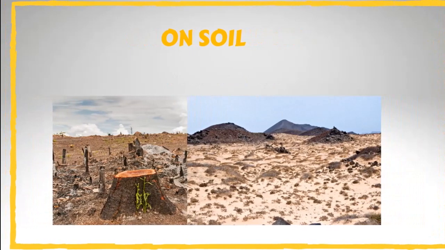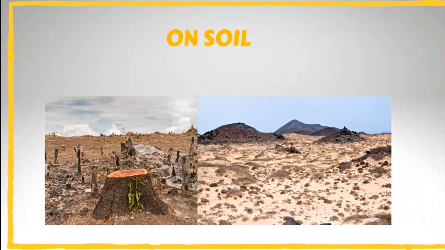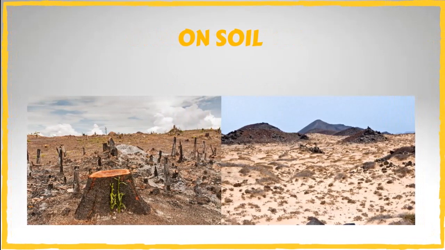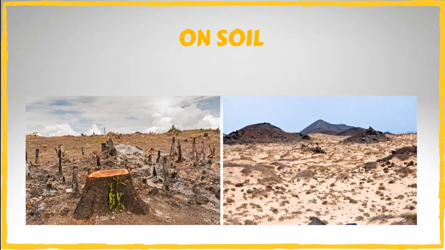Well, if we talk about the effects of acid rain on soil, it can be extremely harmful to forests. Acid rain that seeps into the ground can dissolve nutrients such as magnesium and calcium that trees need to be healthy. Acid rain also causes aluminium to be released into the soil, which makes it difficult for trees to take up water.